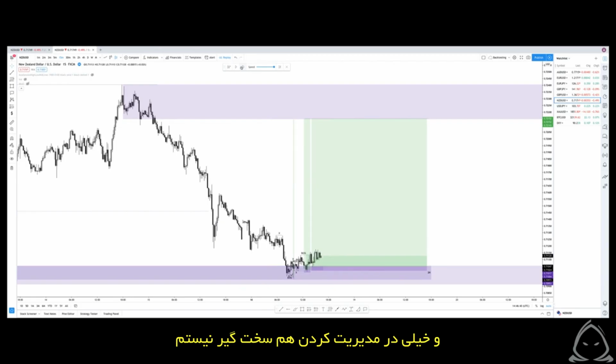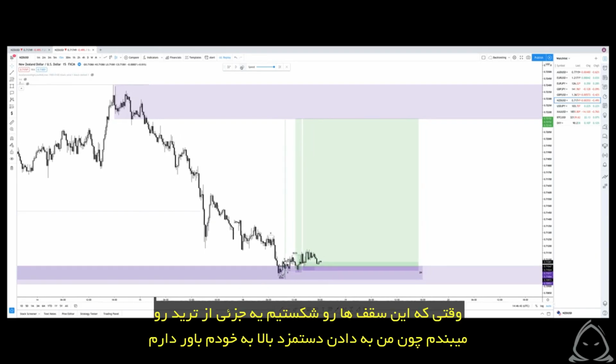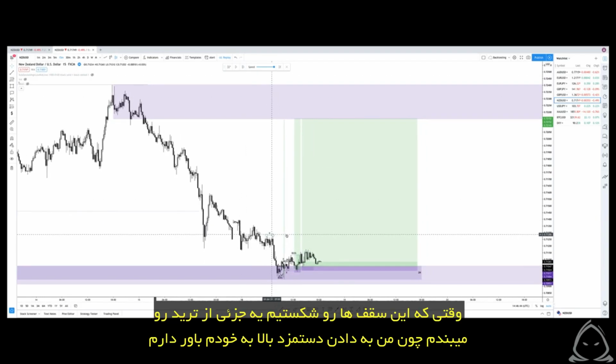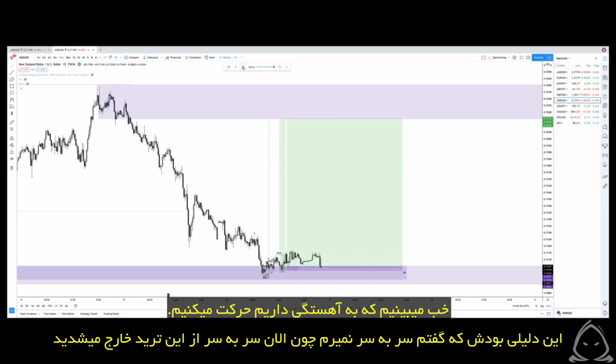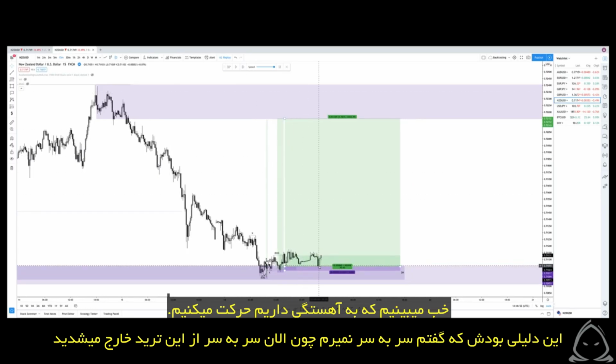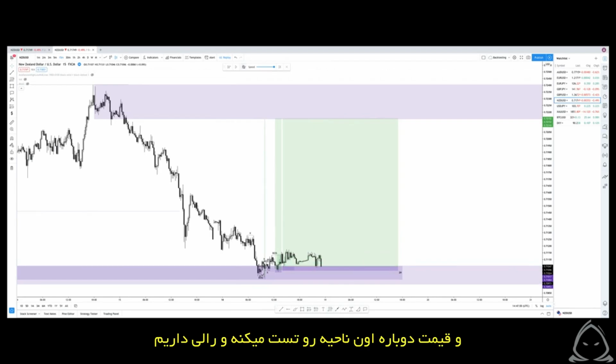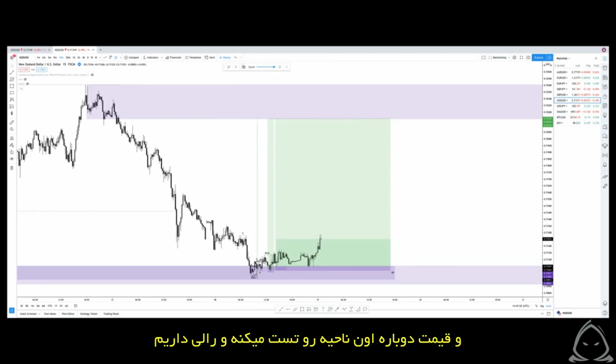And I'm not too strict with managing either. Once we clear these highs here, I'll definitely pull a chunk of the trade, because I believe in paying yourself massively. This was a little bit of a slow burner. This is why I mentioned not going to break even, because you would have taken a break even on this, and then price is going to rally. Again, it tests that area again, and then we rally.